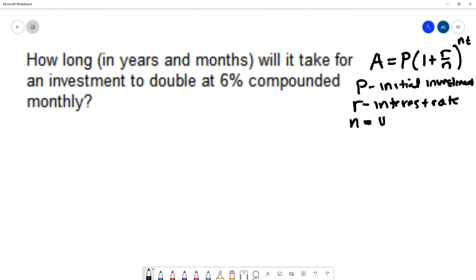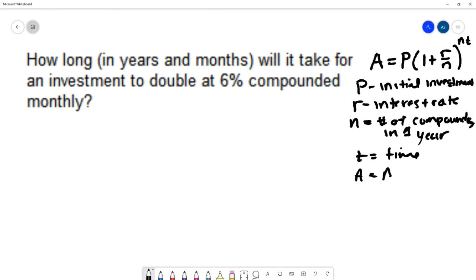So this is the number of compoundings in 1 year. T is time. And A, that's going to be our accrued amount.